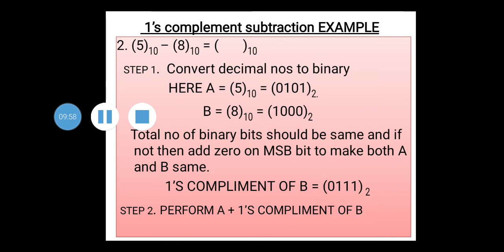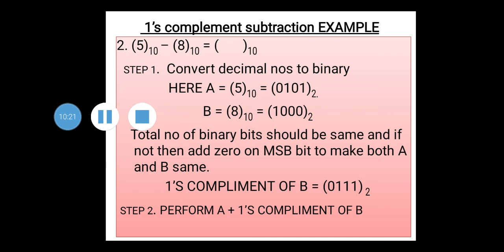The second example given here by using ones complement subtraction is 5 minus 8. Now here if you check, decimal numbers are given. So step 1, convert the decimal numbers into binary. This is very important. You can perform ones complement only on binary numbers, so a binary number is necessary.